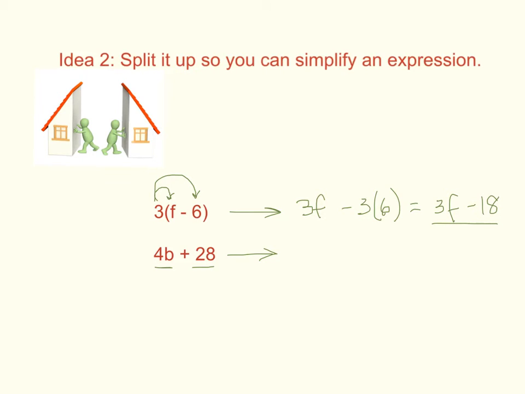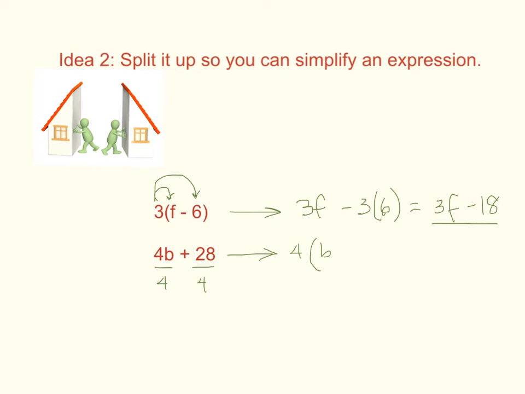Well, how do you do that? Well, I have to find something that they share in common. They both have a factor of 4. I can divide both of them by 4. But I'm not going to divide them. I'm simply going to rewrite it so that I can see that 4 is going to be multiplied by b to get 4b, because 4b divided by 4 is, as you see, b.